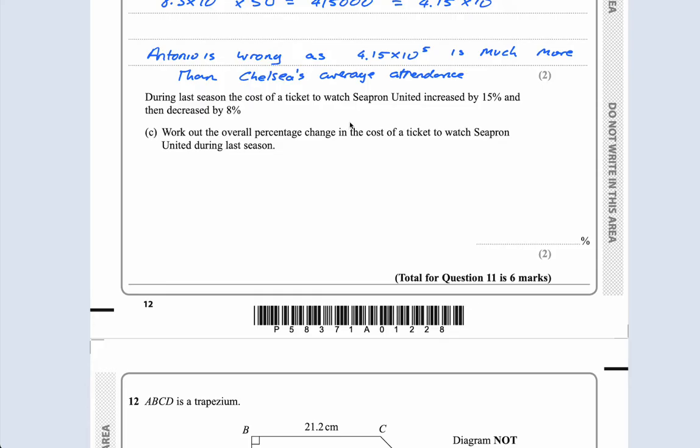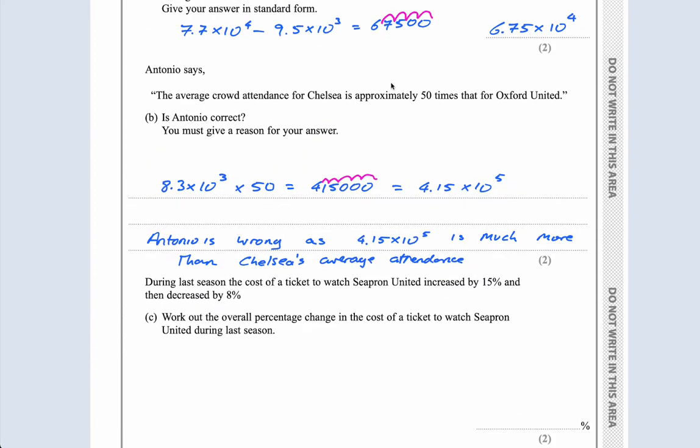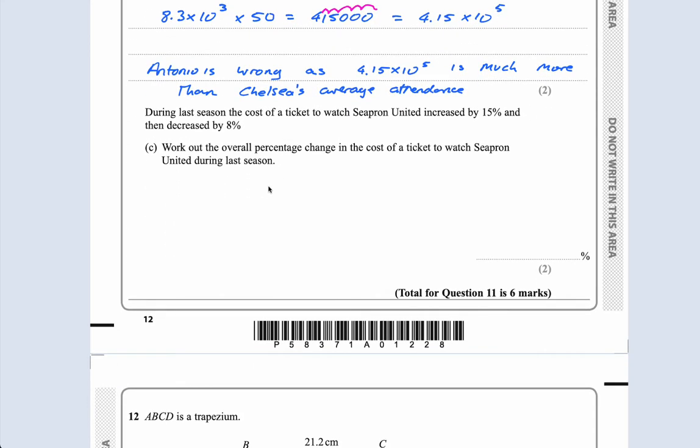Okay, so we don't have the original cost, but it increased by 15%. So whatever it is, let's call it x. It increased by 15%, so I'm going to multiply it by 1.15. But then it decreased by 8%.